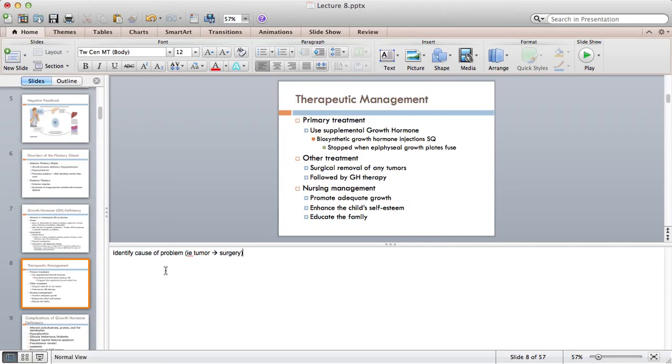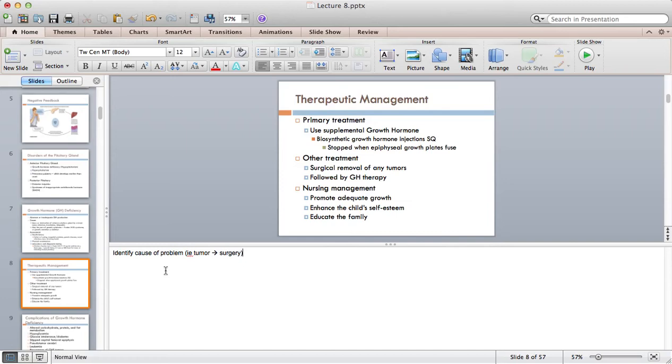So it's low, we have to give growth hormone therapy, and this is usually given via injection. Some endocrinologists will order the injections to be given daily, some every other day.